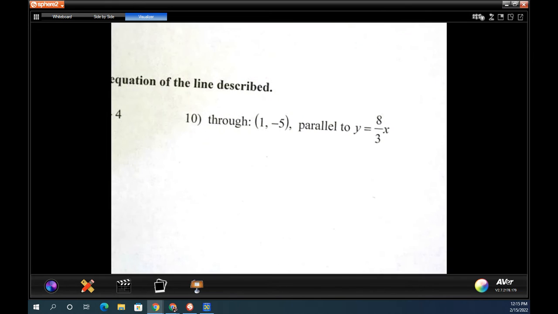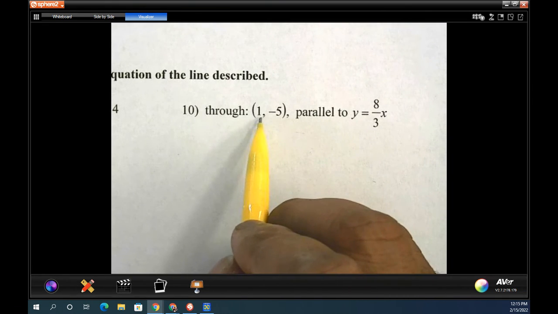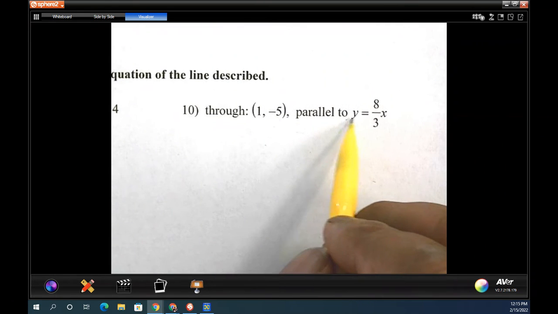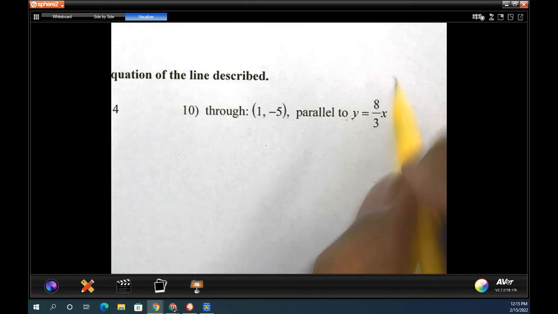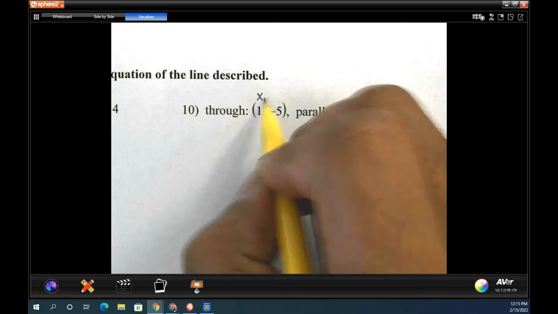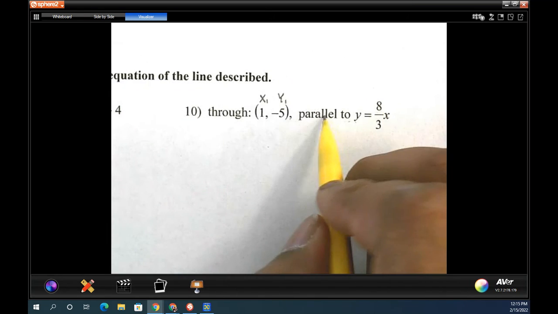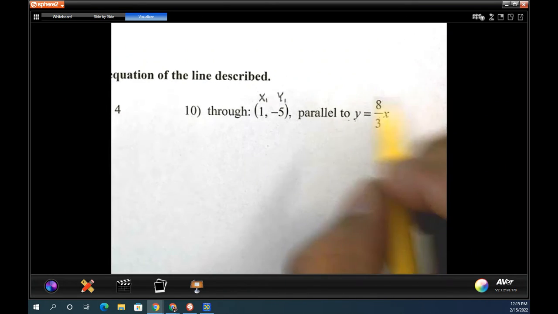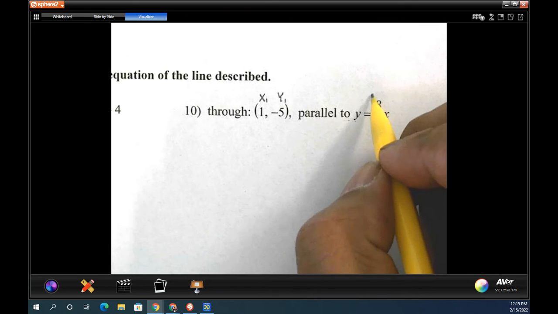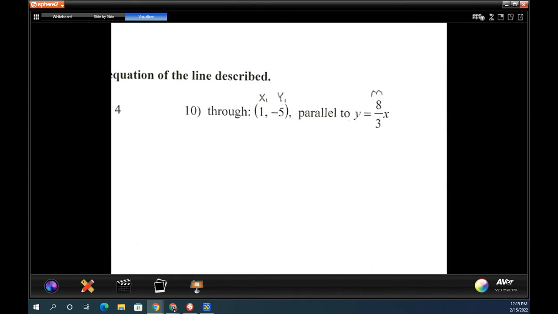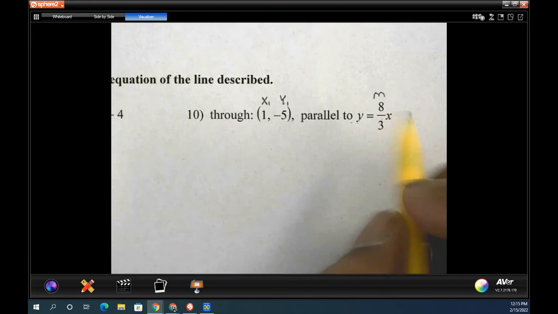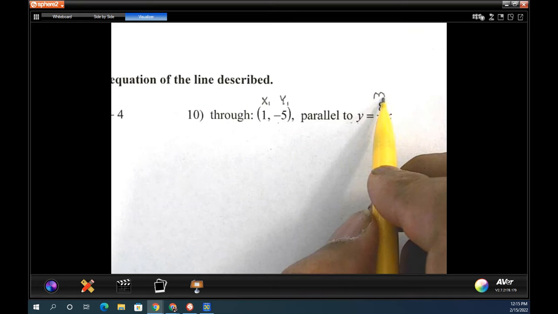Okay. Let's look at number 10. Then I'm about to show you some things on your calculator. Through the point 1, -5, but parallel to y equals 8/3 x. Here's your x1, y1. It's parallel, so that means you have the same slope. So you just use that same slope right there. We got a point, and you have a slope.